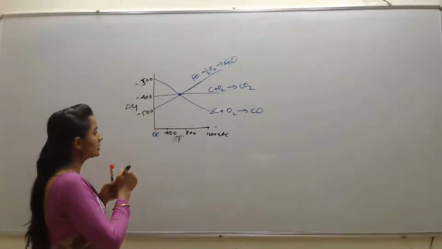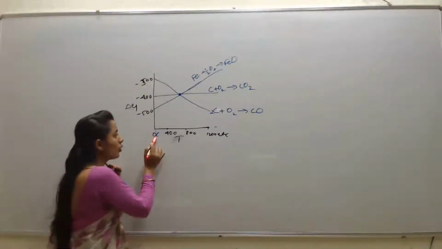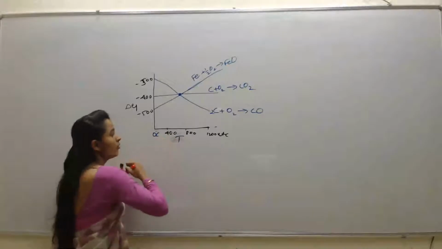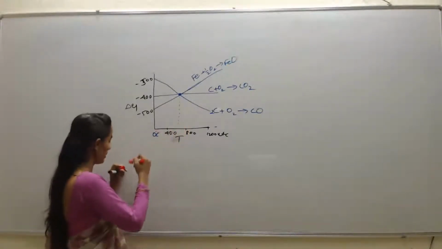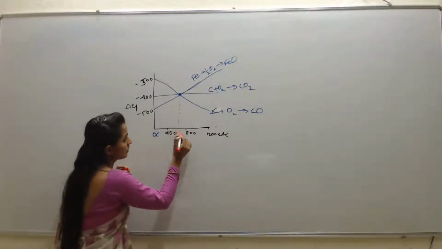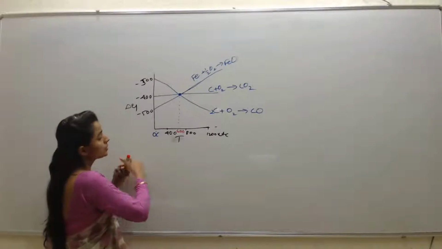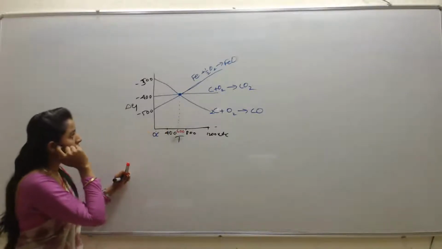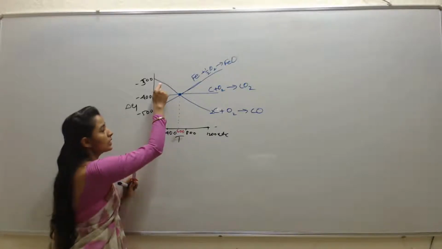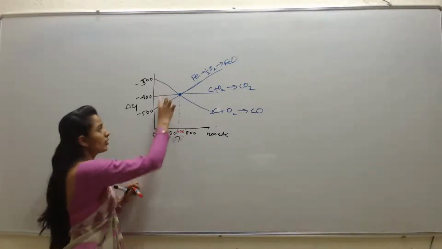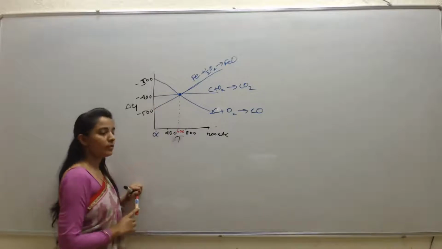So in that case, what can we say? At a lower temperature, assume this is 600, below 600 degrees Celsius, iron has the capacity to reduce both carbon dioxide as well as carbon monoxide.